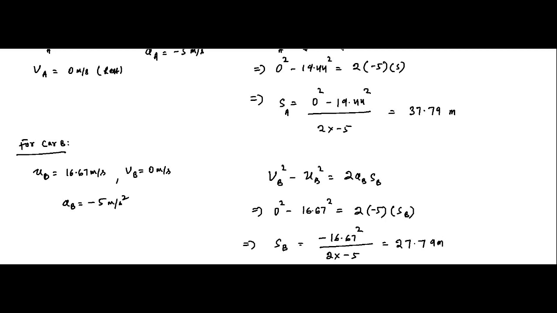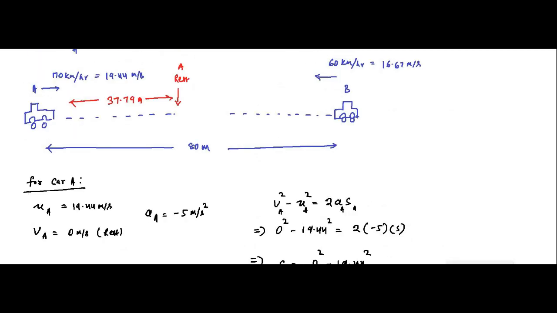So car B traveled up to this point, 27.79 meters, and it came to rest here, and car A came to rest at this point.